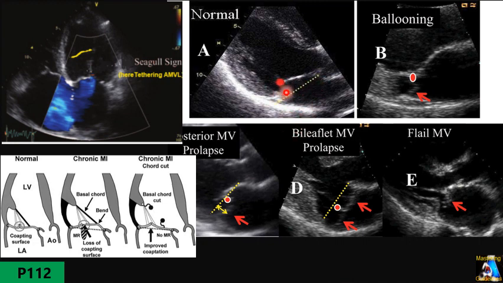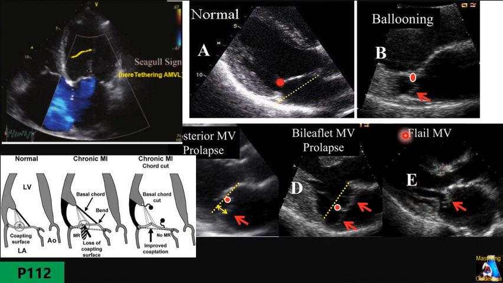In the normal situation, the coaptation, or kissing, the contacting tip of those two leaflets, is anterior to that. In mitral valve prolapse, one part or two parts, it doesn't matter, go beyond the annular plane. If it's, in the PLAX, more than 2 millimeters, we diagnose mitral valve prolapse.